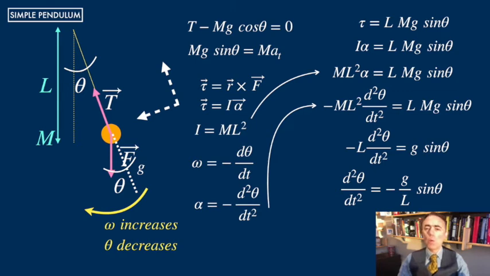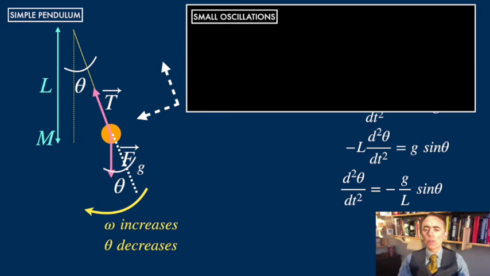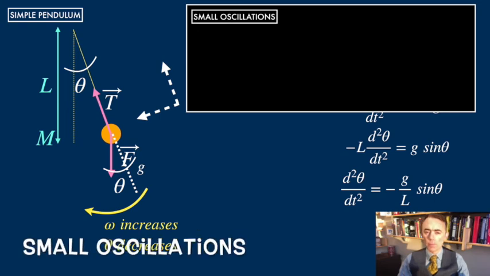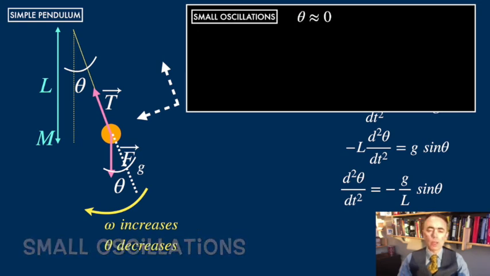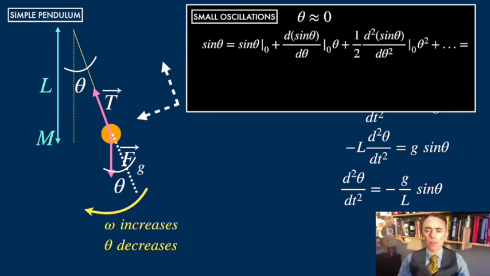But what happens if the oscillations are small? Well, for small oscillations about the equilibrium position, we can expand the sine function in a Taylor series. The sine of theta about theta equals 0 is the sine of 0 plus the derivative of the sine of theta evaluated at 0 times theta plus 1/2 of the second derivative evaluated at 0 times theta squared, and so on.